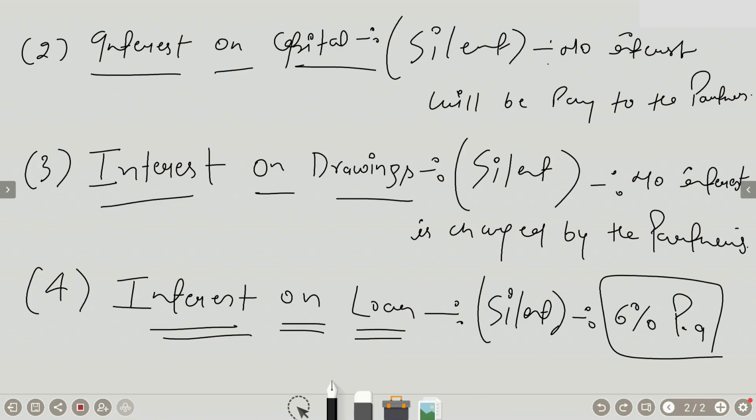Now, one more aspect of this point is, if the partnership deed included interest on partners' loan at the rate of 8% per annum, partners get 8% annually. But if the partnership deed is silent regarding the interest on loan, in such a case, partners will get interest at the rate of 6%. Okay. Now move on to the next point, or the last point.